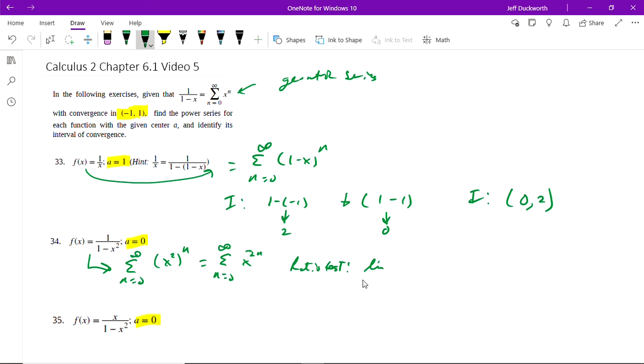Limit as n approaches infinity of the absolute value of x to the 2(n plus 1) over x to the 2n. So here that equals the limit as n approaches infinity. Well, that's 2n plus 2 minus 2n. So that's going to be just x squared, it looks like.